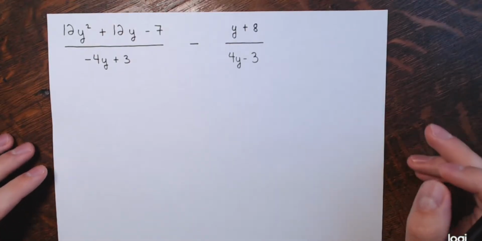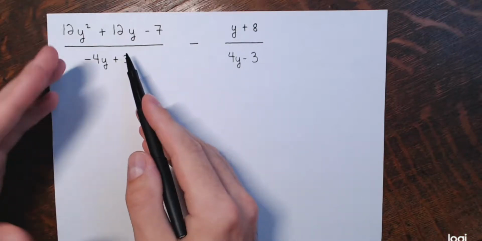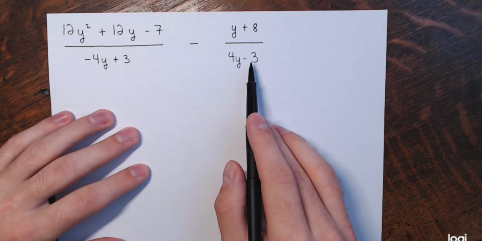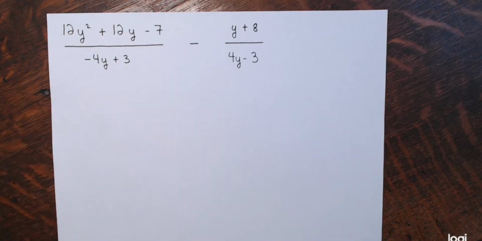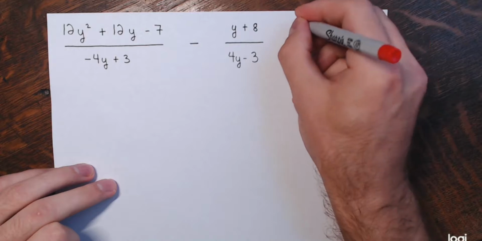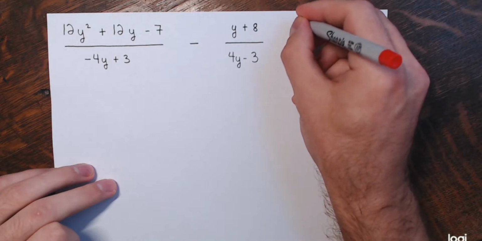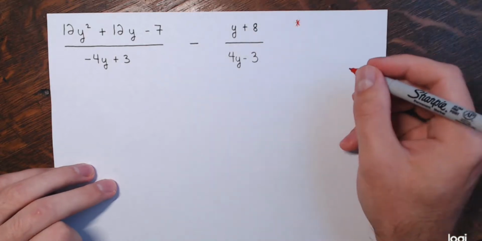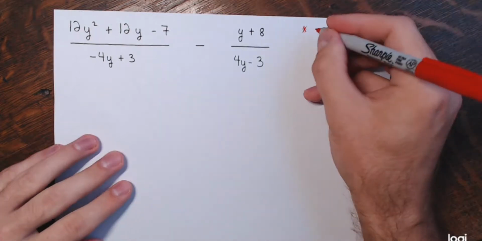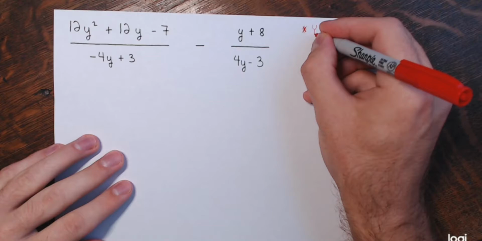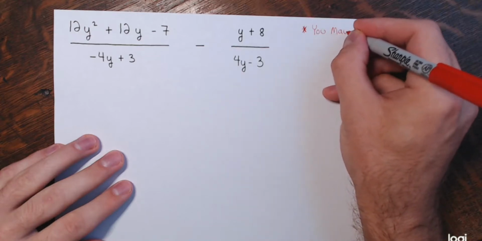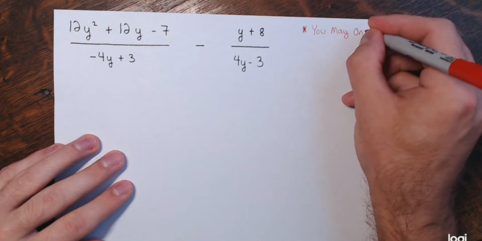Okay, so here we're given a fraction minus another fraction. Now you have to remember that the only way to add or subtract fractions is when they have the same denominators. So remember, I'll write this in the upper right corner.